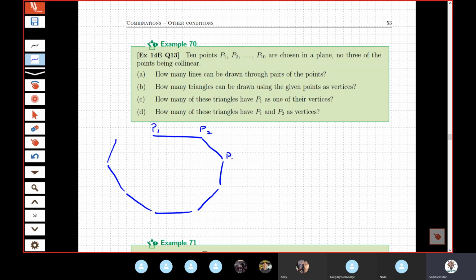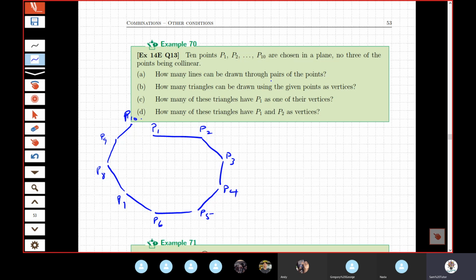P3, P4, P5, P6, P7, P8, P9, and let's just say somewhere there is P10. You can see I can't draw a line going through 3 of them. So they don't lie on a line. That's why I drew this particular shape. It's not collinear, in other words.